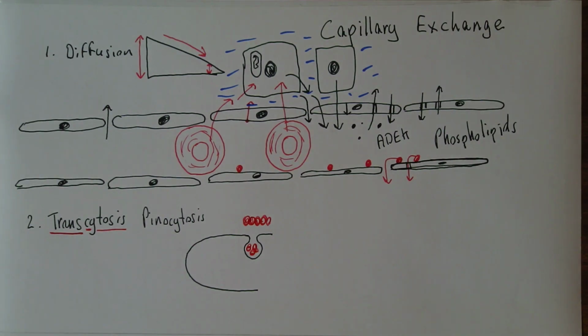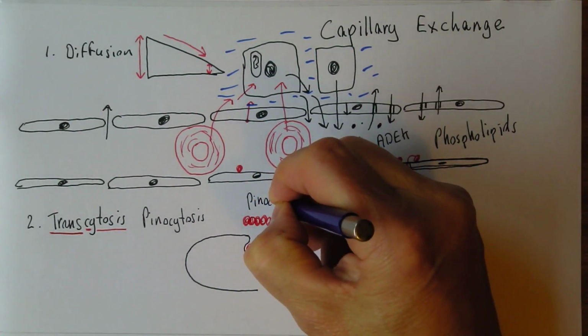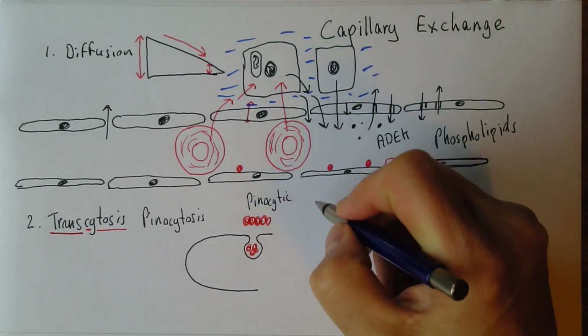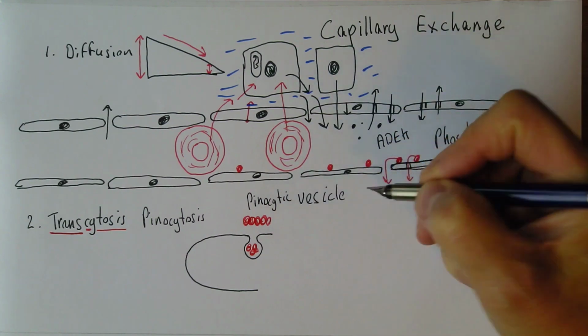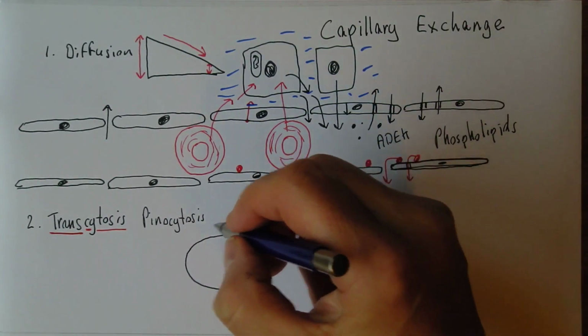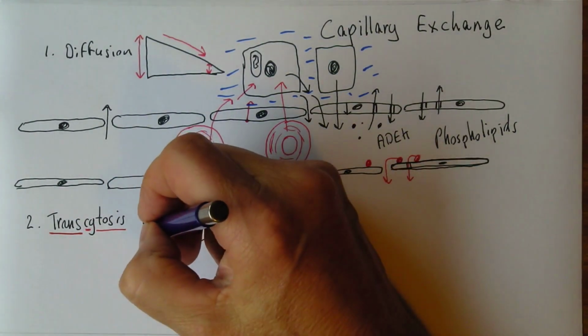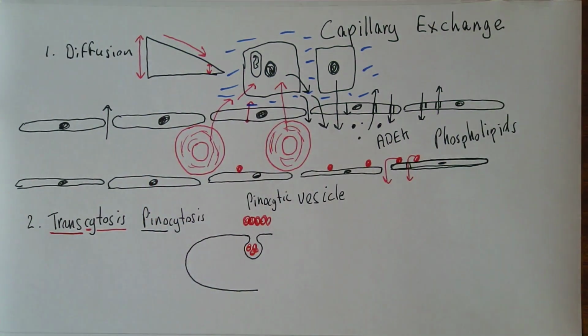This is called a pinocytic vesicle. Now, a vesicle is a fluid-filled space in the cell. Pinocytosis, pino actually means to do with drinking. So pinocytosis literally means cell drinking.